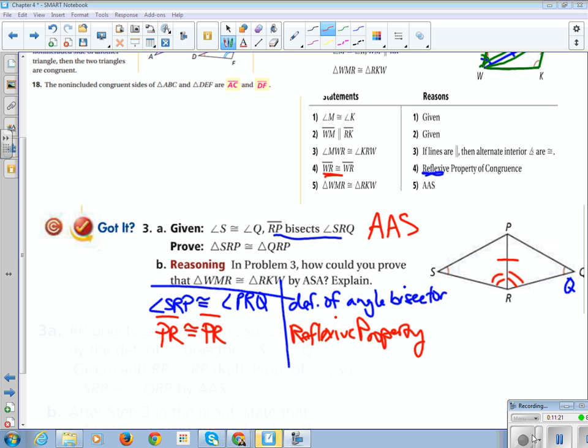I also want to include this in my given and this in my given. All right, so I've got an angle, an angle, and a side. I can say that triangle SRP is congruent to triangle QRP. And you guys double check that my letters are matching to their matches in the other triangle. And we can say that because we have an angle, angle, side.